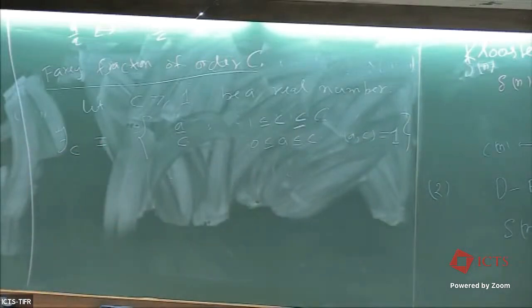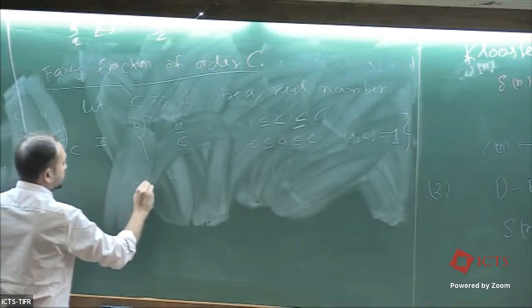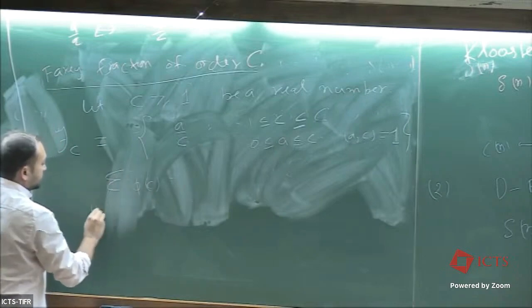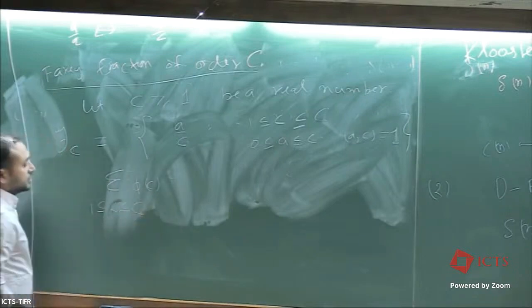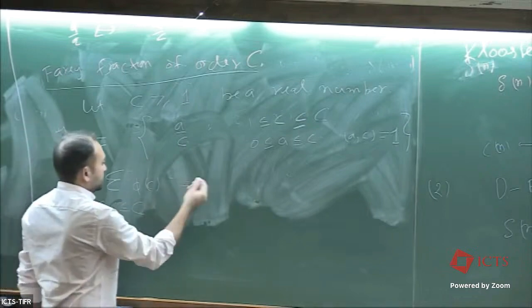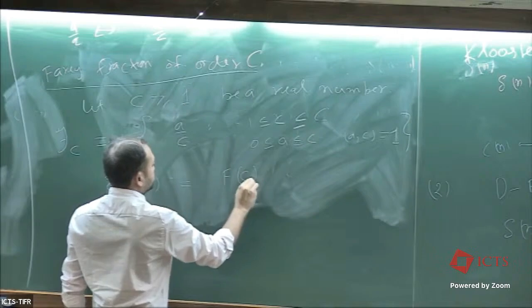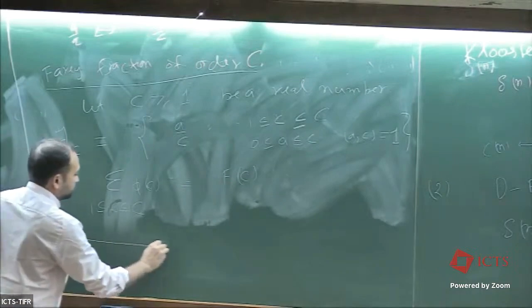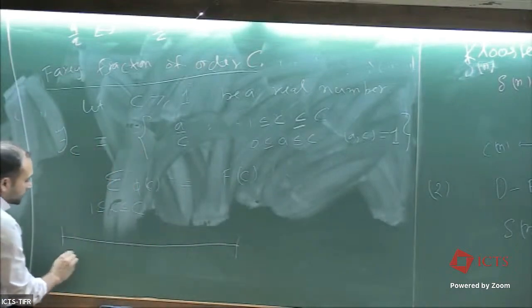So how many are there? For given c, a has phi of c many choices, and c can range from 1 to capital C. Suppose we denote this count by some function of C. So we have a finite number of rational numbers, and we put them on the open interval 0 to 1.